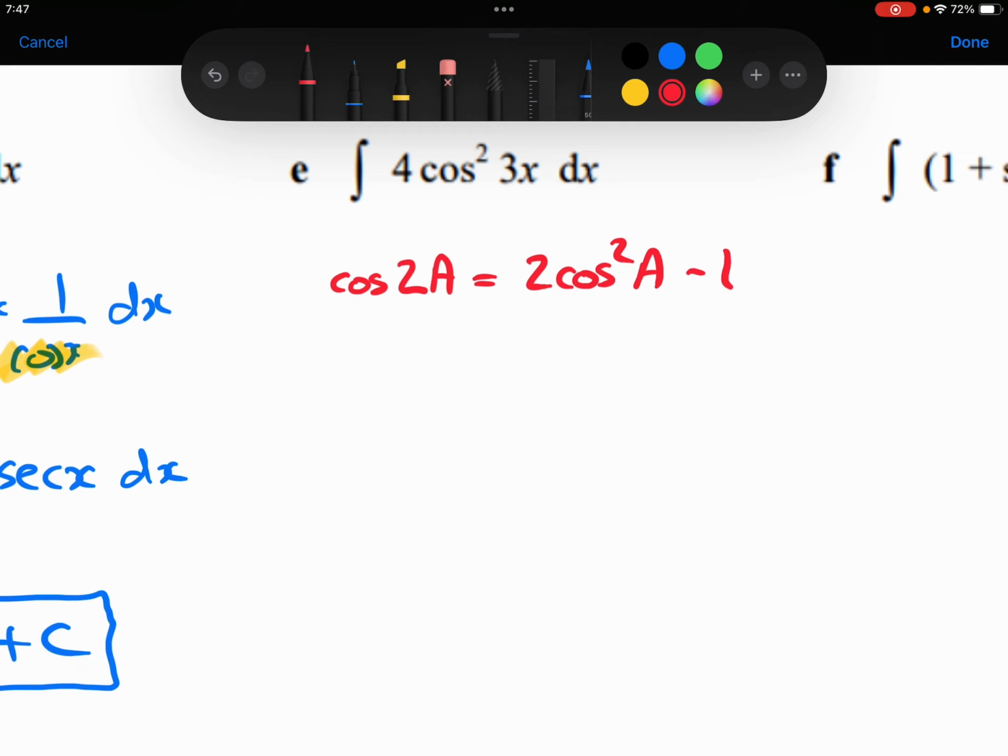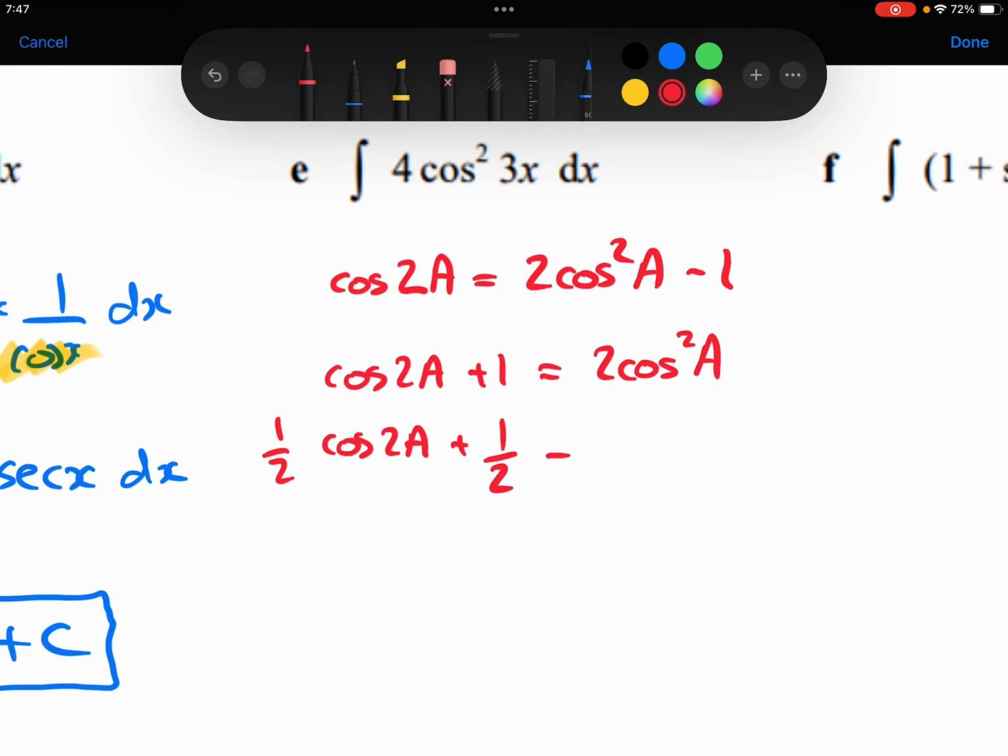Let's make the cos squared the subject. I'm going to add 1 to both sides, and then I'm going to divide both sides by 2. So I would usually just integrate the half cos 2x plus a half here.